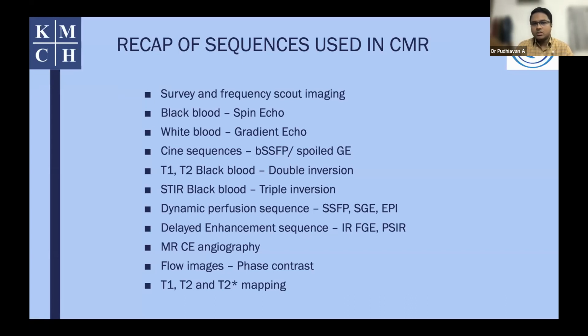We also talked about K-space, a pretty difficult topic, which Sanjay sir did an excellent job on. Now we are going to see three sequences: the dynamic perfusion sequence, the delayed enhancement sequences, and a little bit about contrast enhanced MR angiography. The T1, T2, T2 star mapping techniques, these advanced sequences, we will cover in our next talk.